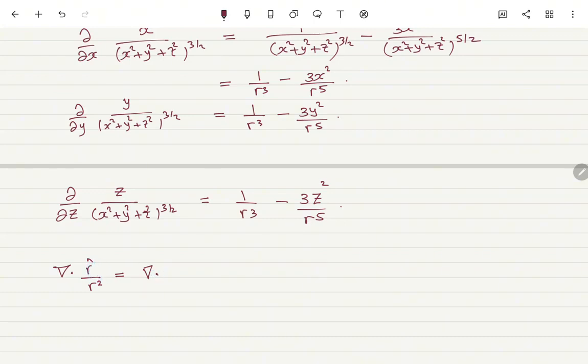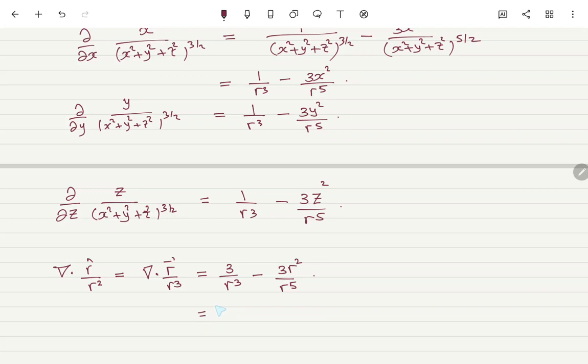Instead of using r hat, we can use the vector divided by its magnitude, so it will be r vector over r³, equal to 3 over r³ minus 3r² over r⁵, because x² + y² + z² is equal to r².